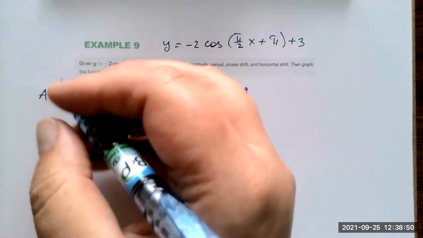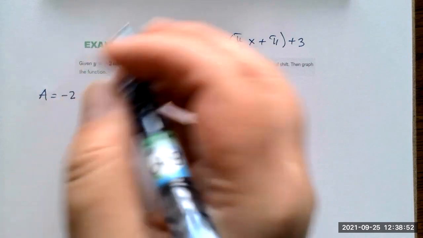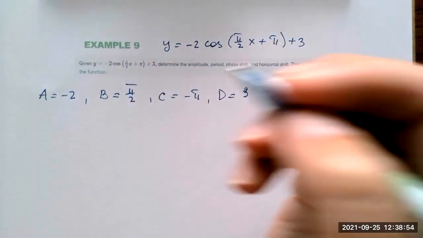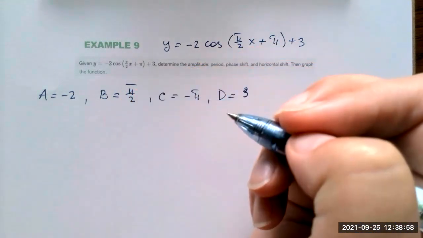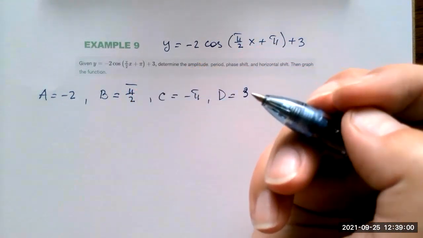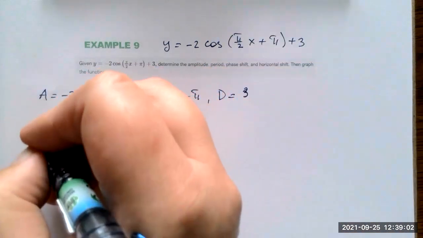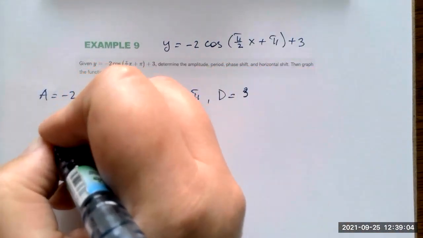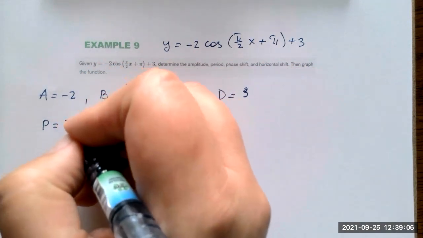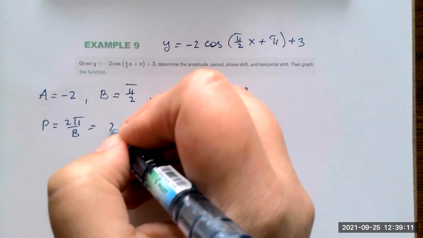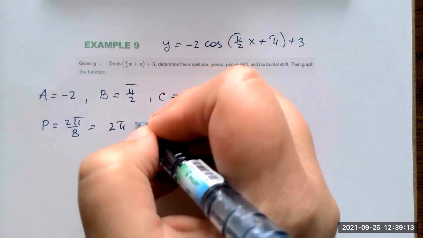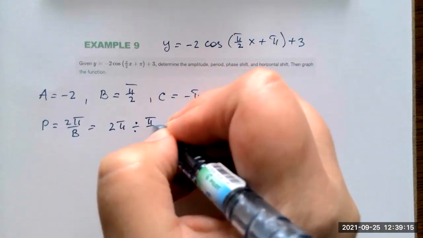As we already mentioned, A is the amplitude. B determines the period of the graph. So the period P is 2 pi divided by B. In our case, it's 2 pi divided by pi over 2.